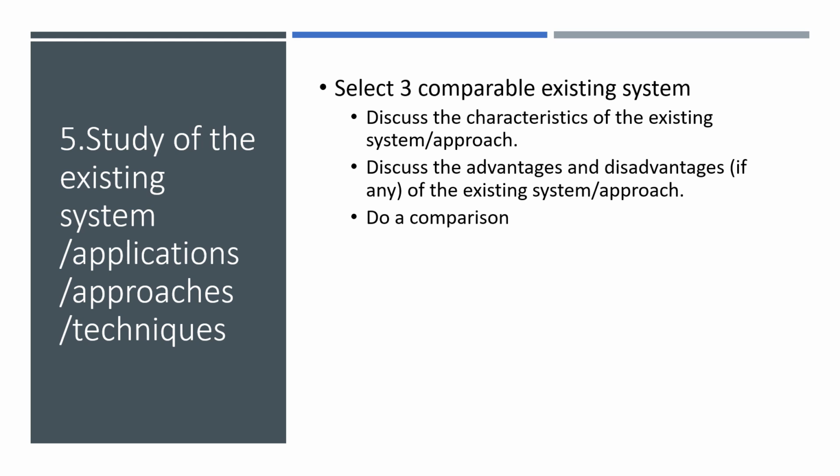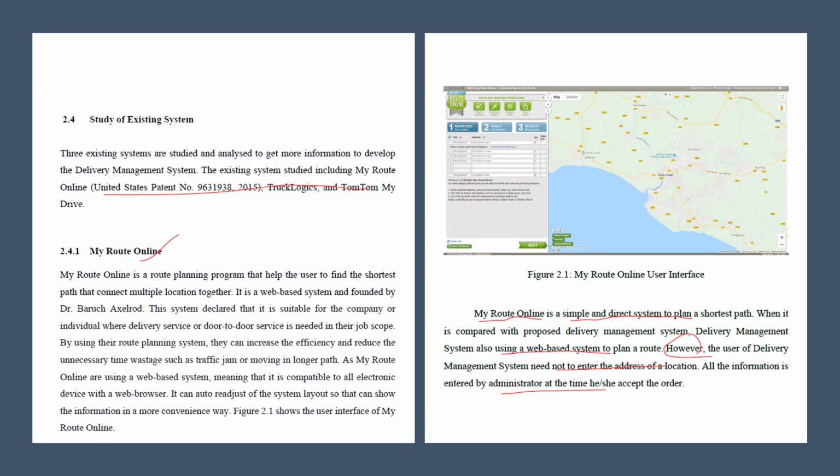You can also explore the journals, because some journals give a review of their developed system, so you can know what is inside. This is the example. This student is doing a study on existing systems on the delivery part. The project has something to do with product delivery, and he also applies real-time delivery tracking.